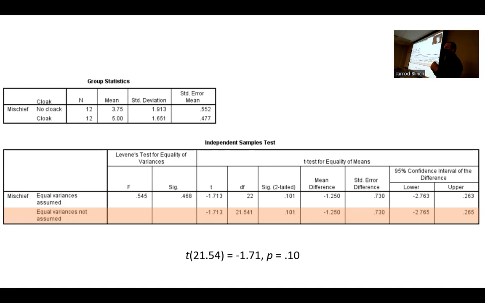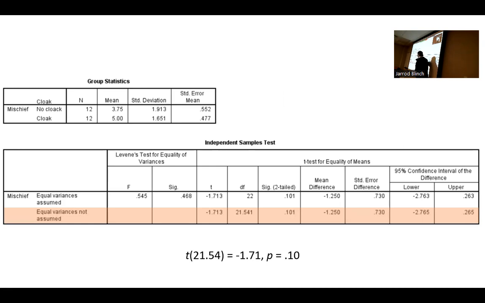The good news is that the solution is very easy and baked right into SPSS. What we do is instead of assuming equal variances, we don't assume equal variances, or we assume unequal variances. And what that is going to do is it changes your degrees of freedom. The t-value will be the same, but because your degrees of freedom have changed, your p-value will also change.